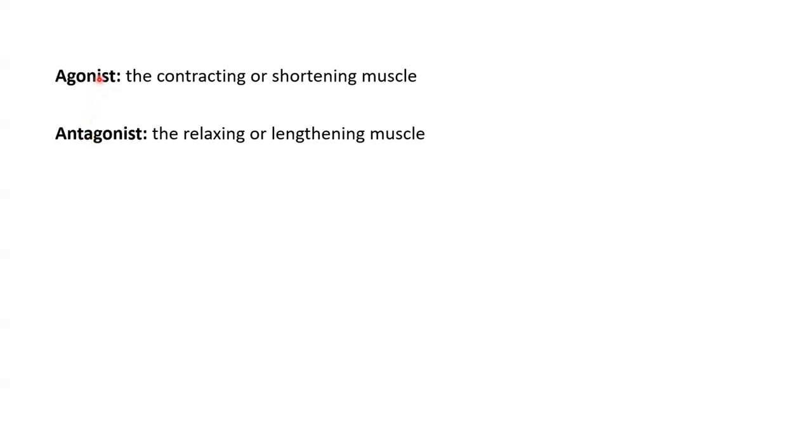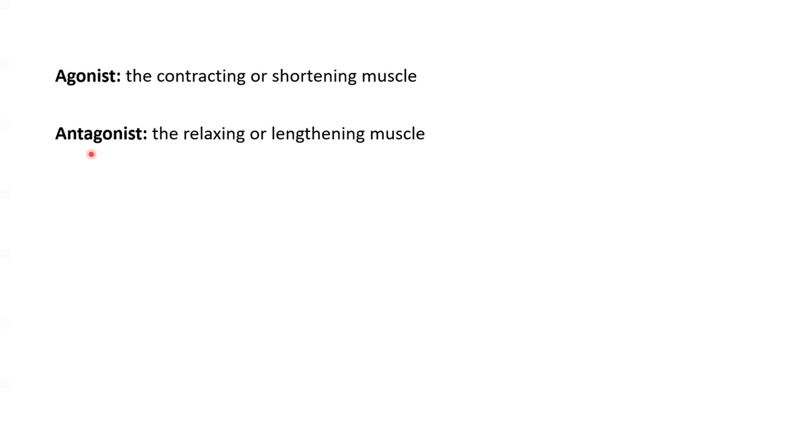The opposite of our agonist is then our antagonist. In the context of a muscle contraction, the antagonist muscle is a muscle that is relaxing or lengthening during a contraction to allow a movement to occur. So if we think about a bicep curl again, your triceps brachii would be your antagonist muscle.